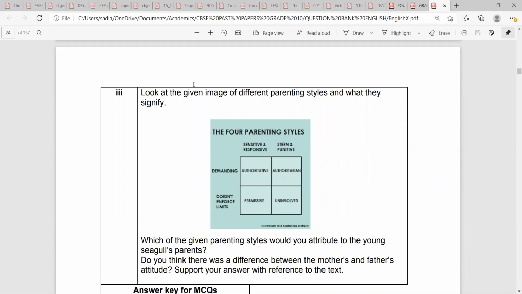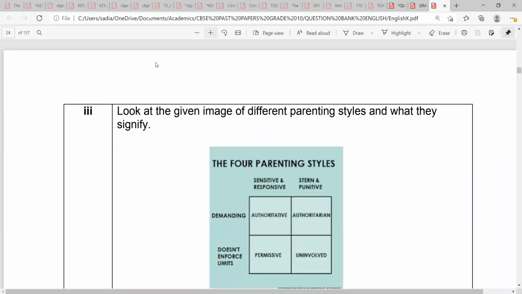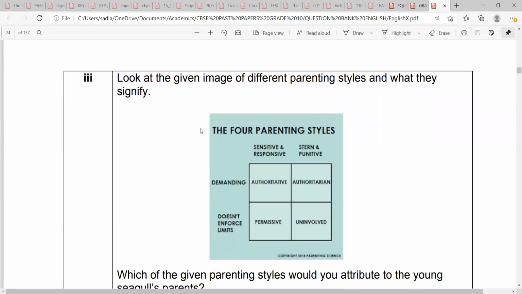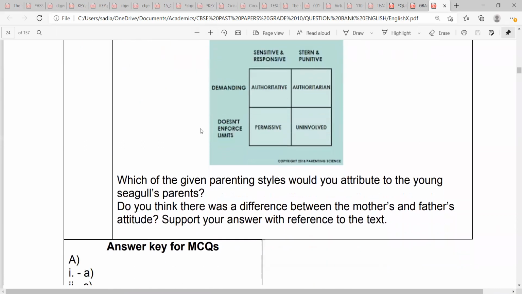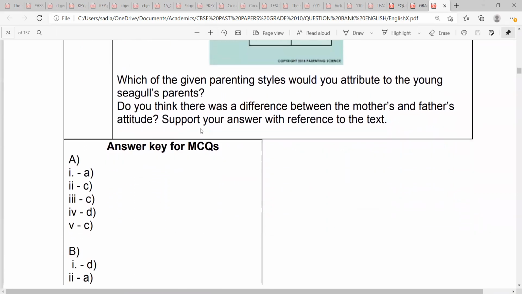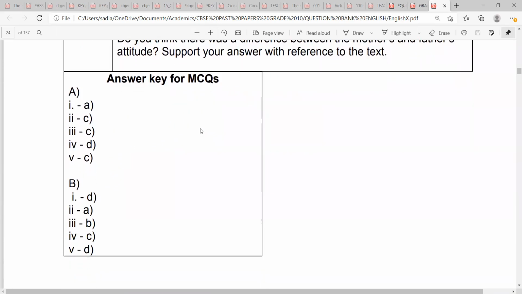Enlarge it for a better view. Uninvolved. The parenting style that is mentioned is uninvolved. MCQ questions, answers.